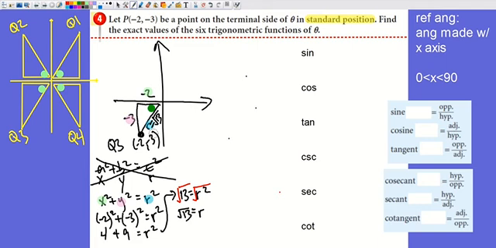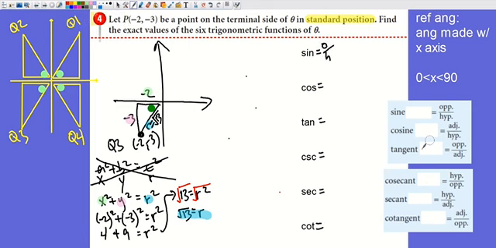So we are going to fill this in now. Sine equals... we're always going to use the green dot as our reference, as our starting point. Remember, sine is opposite over hypotenuse.